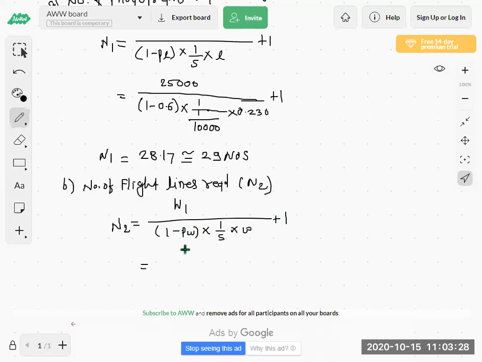Okay, so w1 is the width of ground, so it is 20 kilometer, it means 20,000 meter.